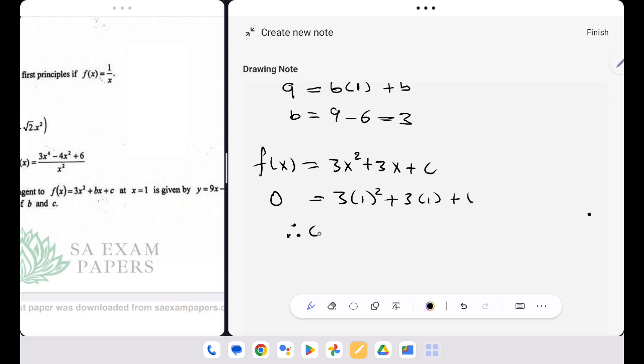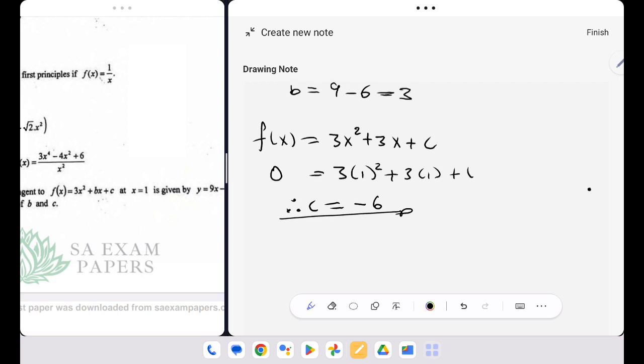Therefore, the value of c will be equal to -6. So that was question 8. Let's move to question 9.